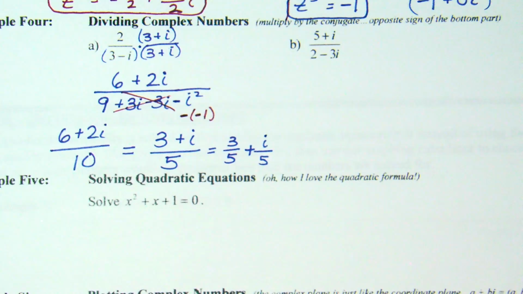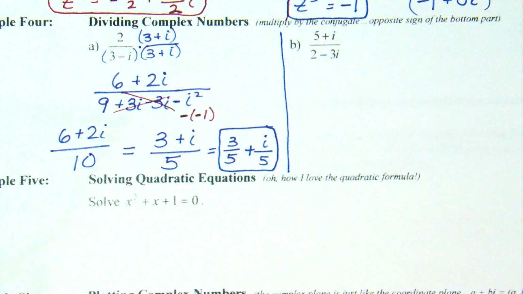Okay, b. 5 plus i over 2 minus 3i. Thoughts? Okay. Conjugate of the denominator. So 2 plus 3i.